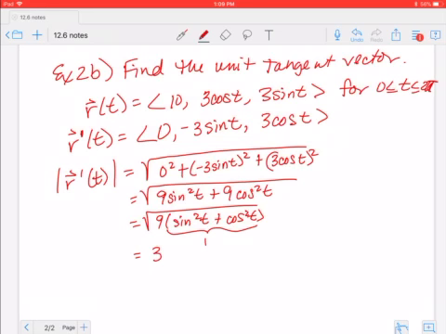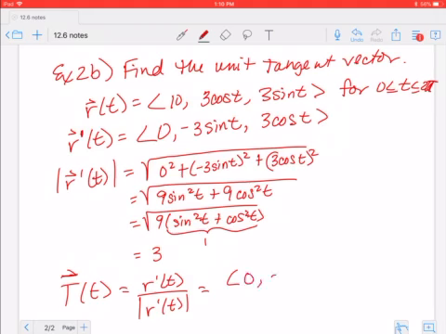So if I'm looking for my unit tangent vector, that is going to be r prime of t divided by the magnitude of that derivative. So I get 0, negative 3 sine of t, and 3 cosine of t over 3.